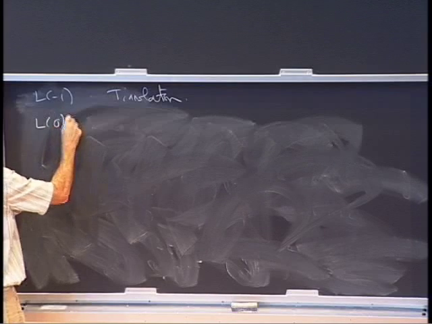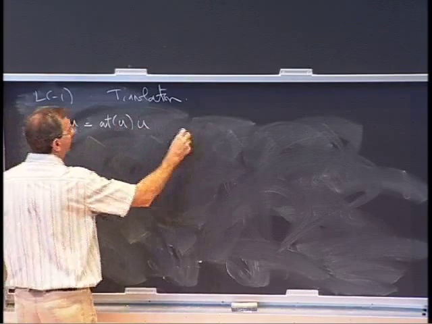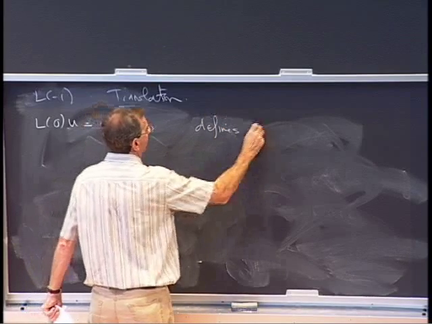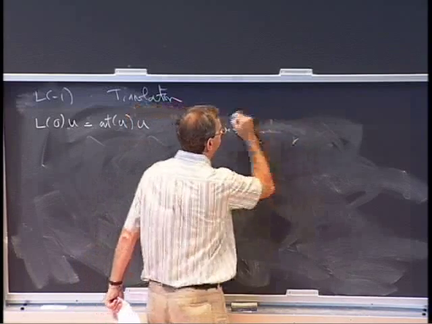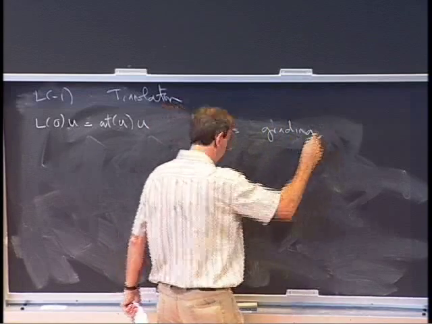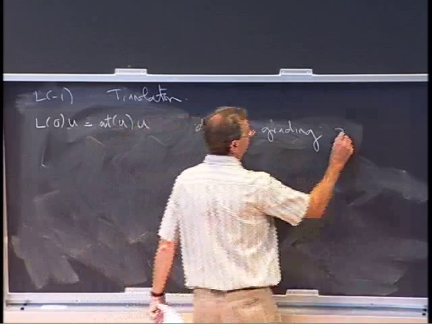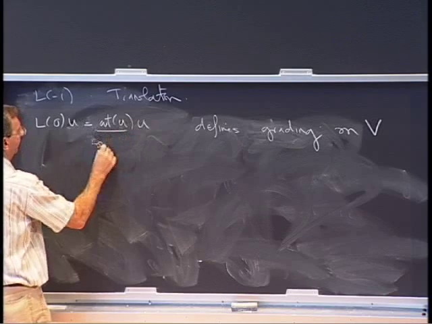So L0 of u is equal to the weight of u times u, which defines the grading on V. I call this the conformal weight.